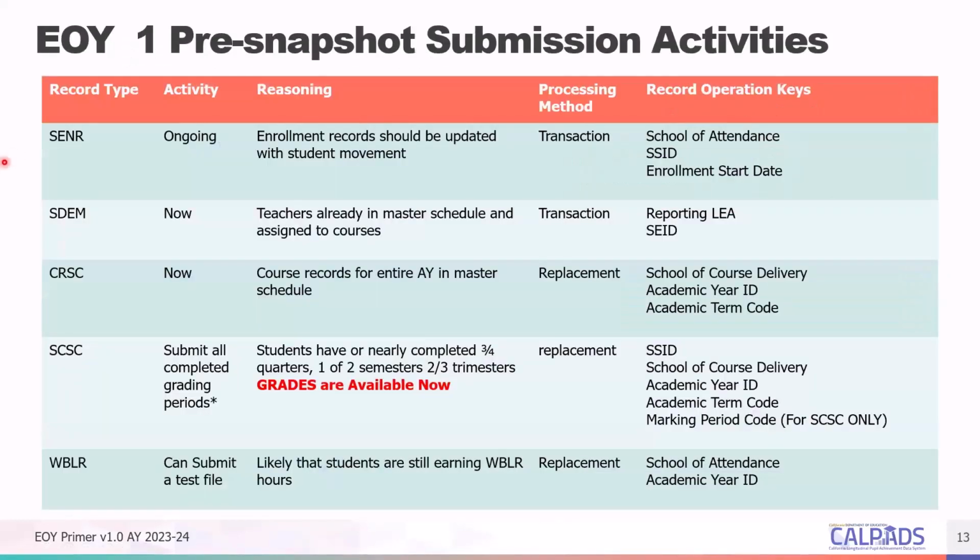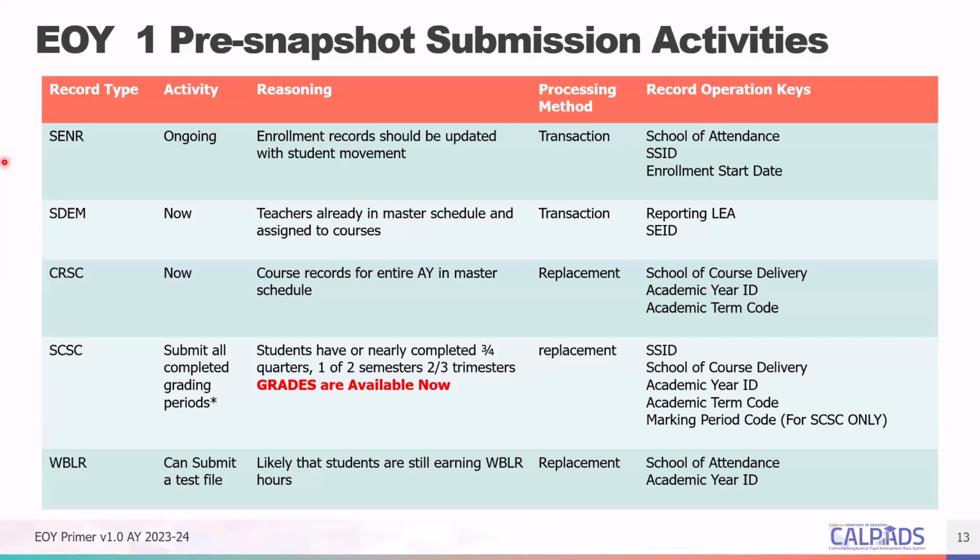The data collection again begins on May 7th. However, the end of year submissions should already be underway. We surveyed some LEAs from fall 2, and those who had certified well in advance of the deadline almost always started early. So here we have a table listing the submission activity that will help you to complete EOY 1 prior to the deadline.